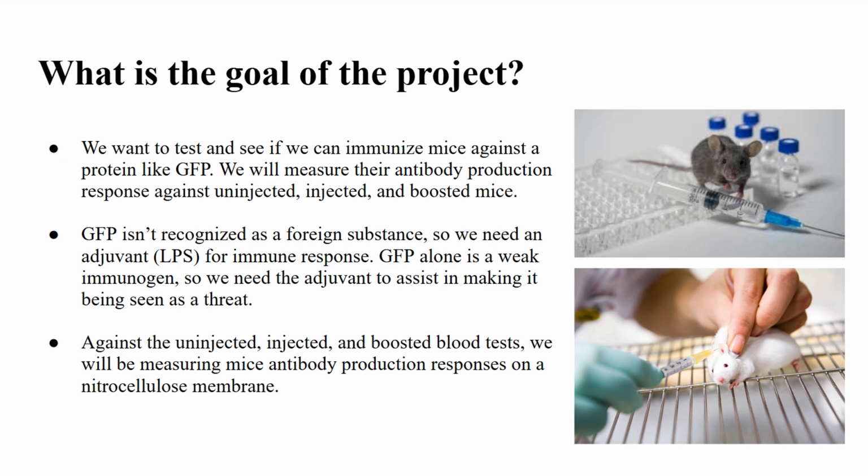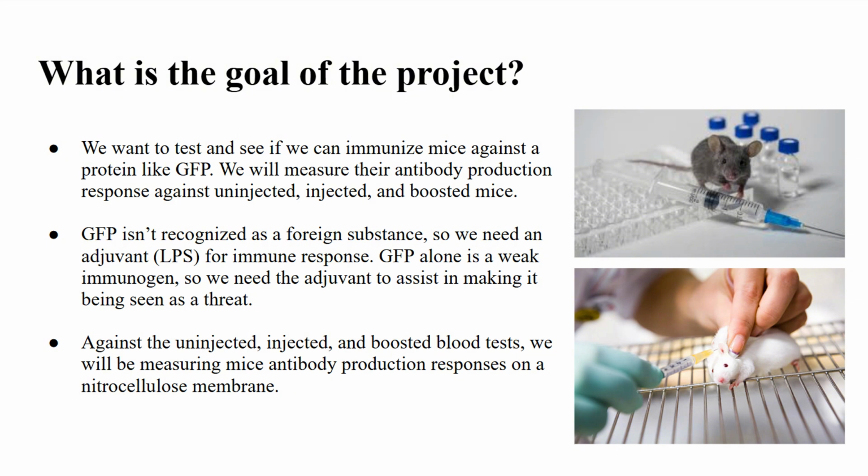Again, GFP won't be recognized as a foreign substance, so we need an adjuvant for an immune response. It is a weak immunogen, so we will need the adjuvant to act as the catalyst in the body's immune system recognition of a foreign body being present.